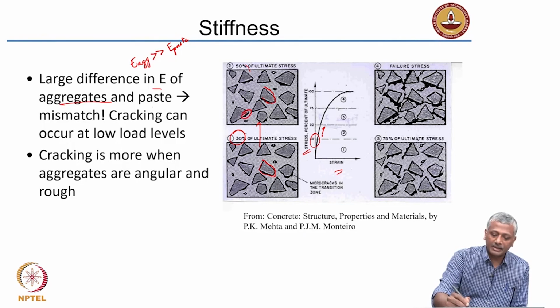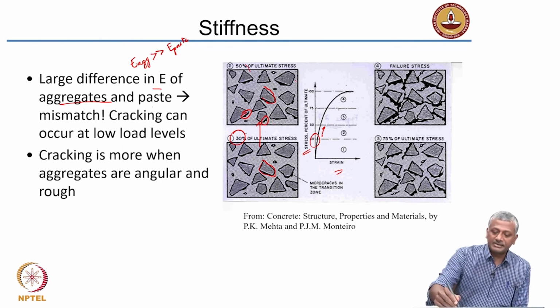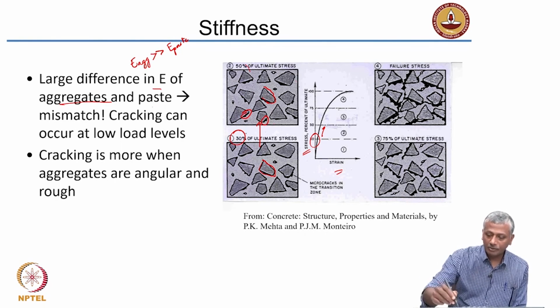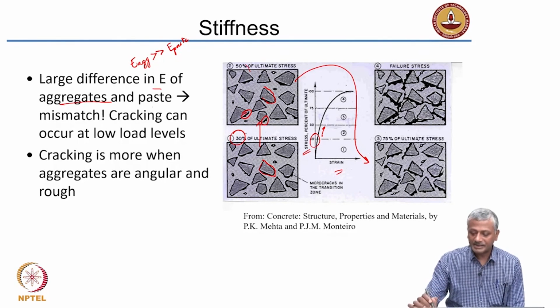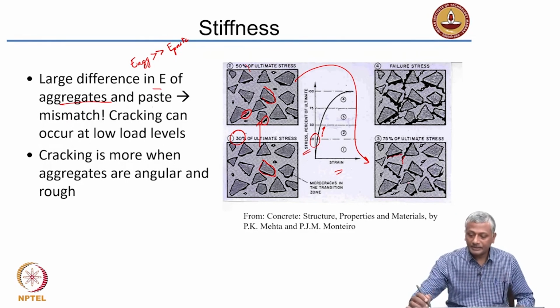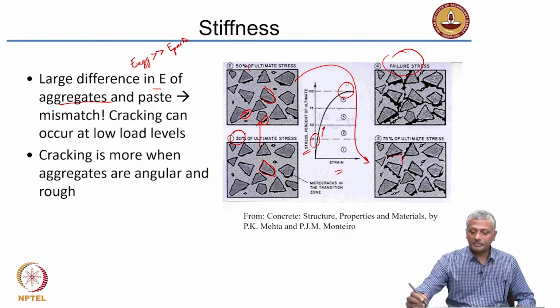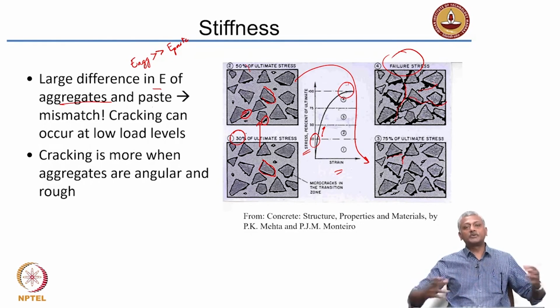When you further increase the load to 75%, the cracks that were around the aggregate have started going out into the paste. And then close to failure, at the stop point here, these cracks have started forming networks. So, you start forming a crack network which basically leads to a complete collapse of the concrete.